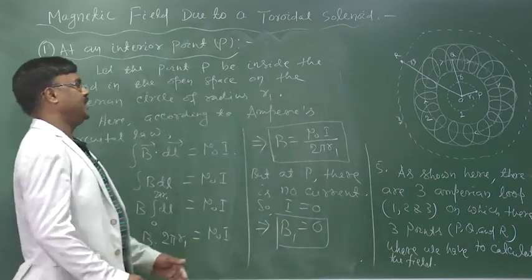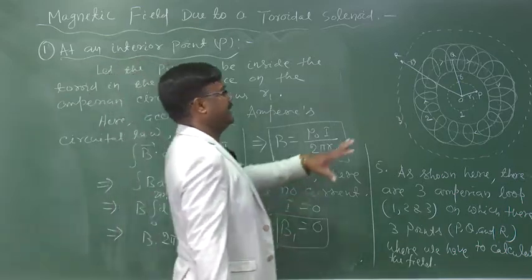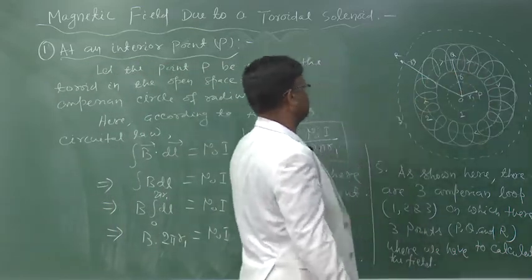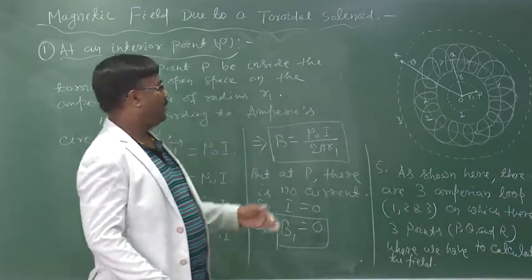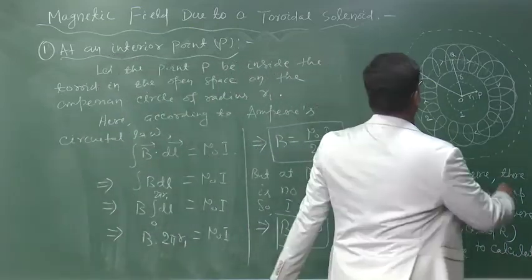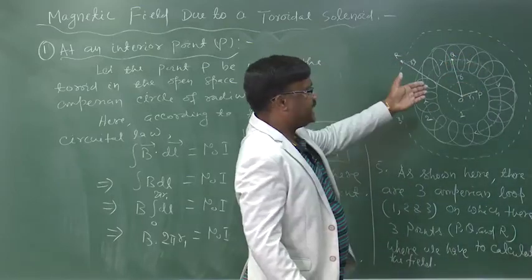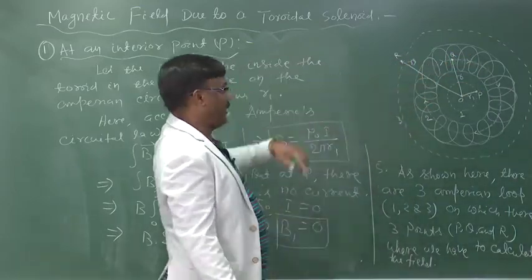That means there is no field in the open space of the toroid. Again, we have to find the magnitude of the field strength at the point Q, which lies within the toroid.